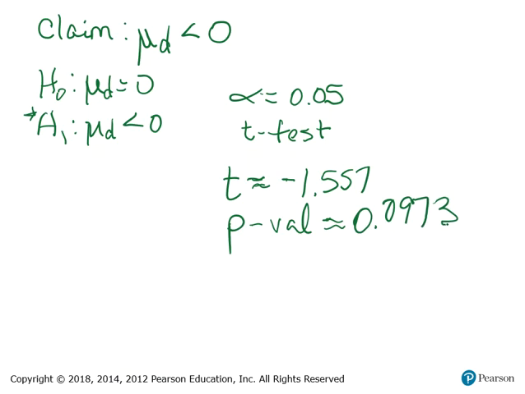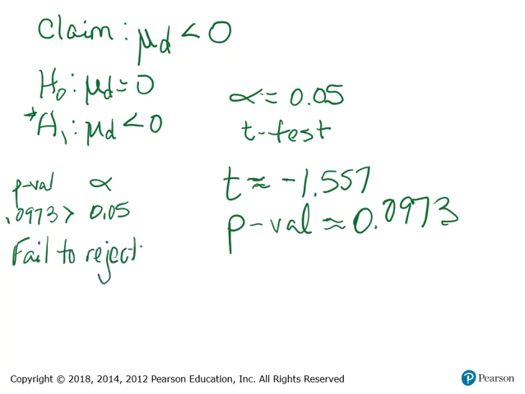So that is what I got. Hopefully that's what you got when you ran it. If we compare our p-value to our alpha level, we have 0.0973 compared to 0.05. Our p-value is definitely greater, therefore we fail to reject the null.